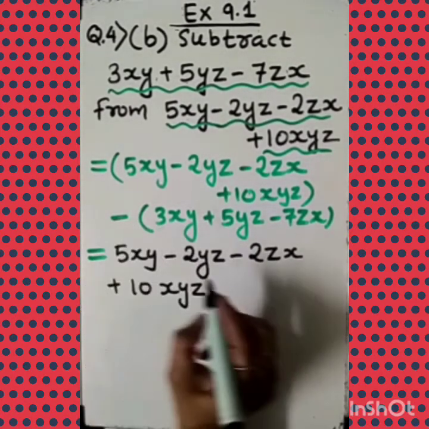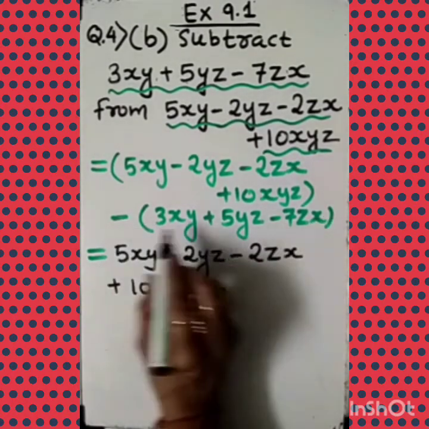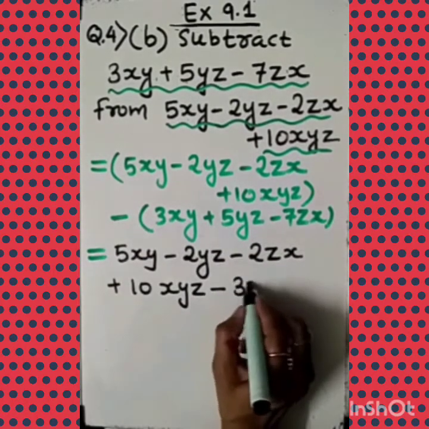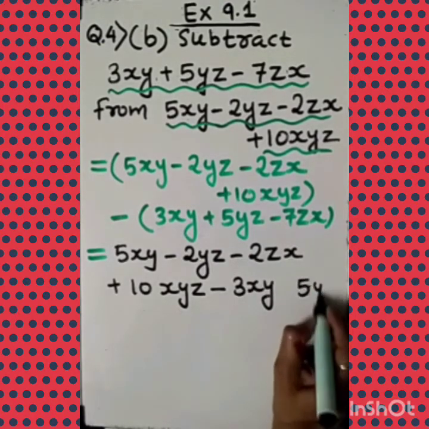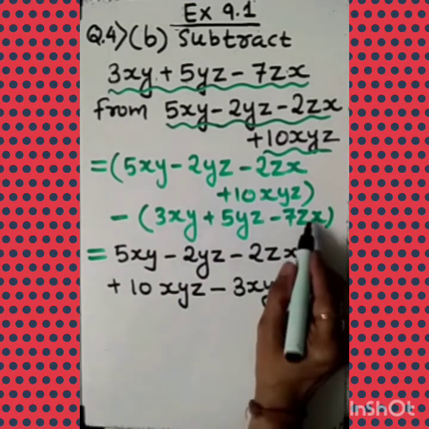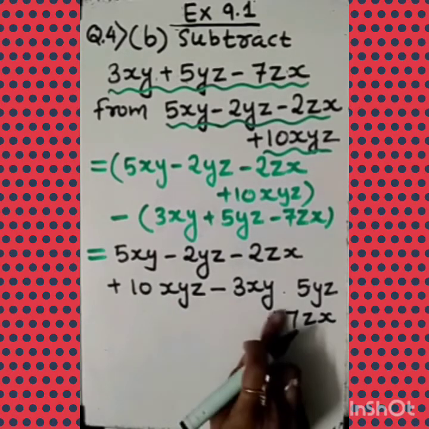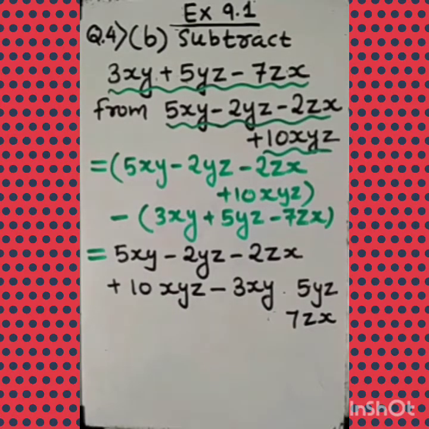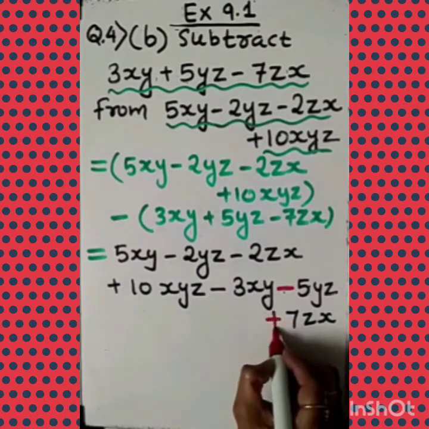Now here it is minus outside the bracket, so we need to change the signs. This is plus, so this will become minus. And this is minus, so this will become plus. I am mentioning it with my red marker. Here it will be minus and here it will be plus.